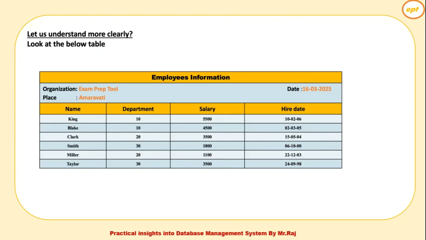But unfortunately, the place called Amaravati exists in multiple states. It is available in Andhra Pradesh, and it is also available in Maharashtra. But which place are you exactly talking about? Is it confusing or not? Is it ambiguous or not?